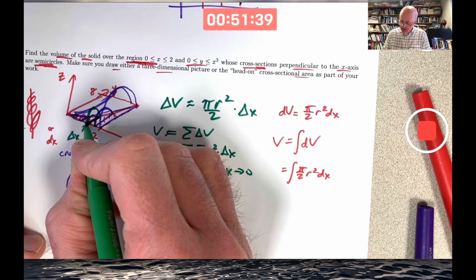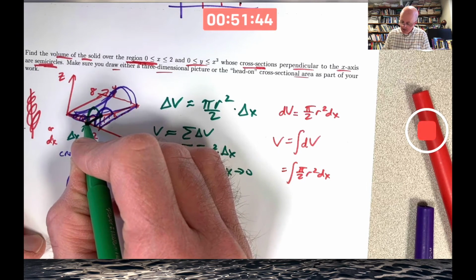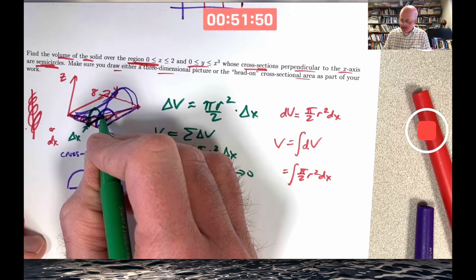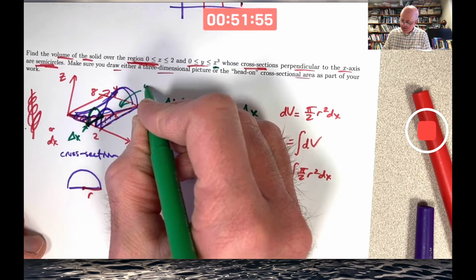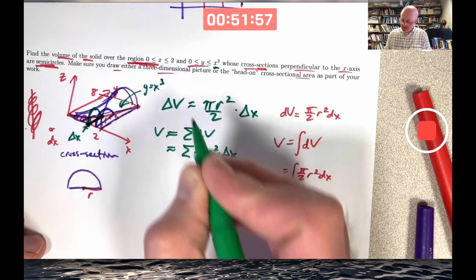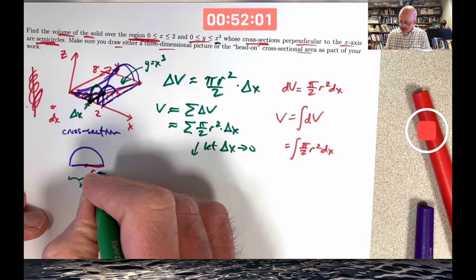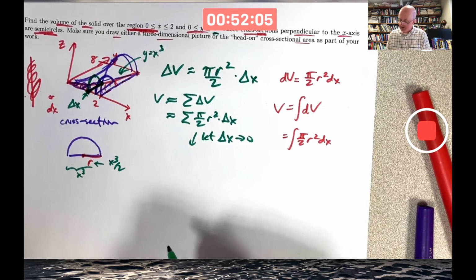It's the second coordinate of that point minus the second coordinate of this point. Now, the second coordinate of that point is 0, the y-coordinate. The y-coordinate of this point is, well, y, but it's also x cubed, because that curve is y equals x cubed. So the diameter here is x cubed, and that means the radius is x cubed over 2 in this example. For another example, it could be different.